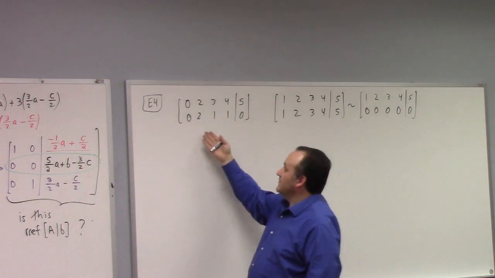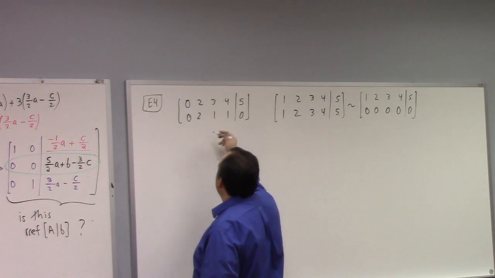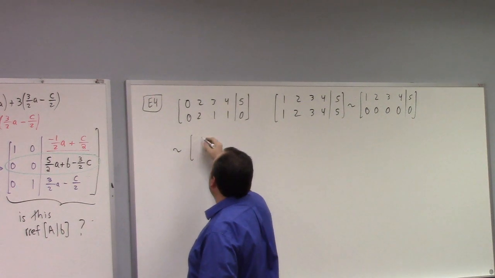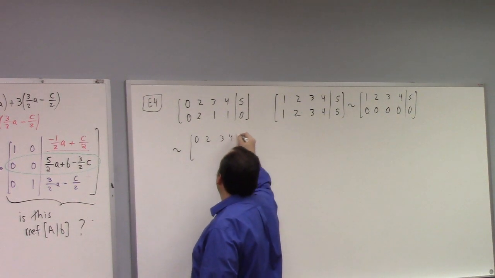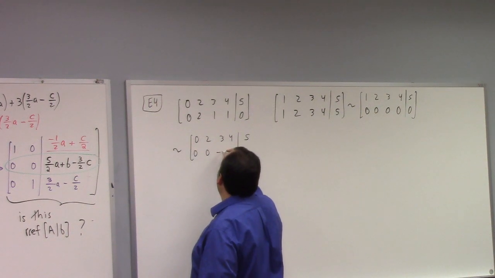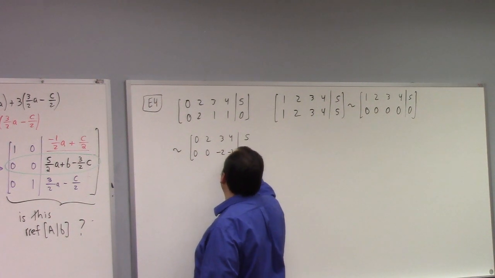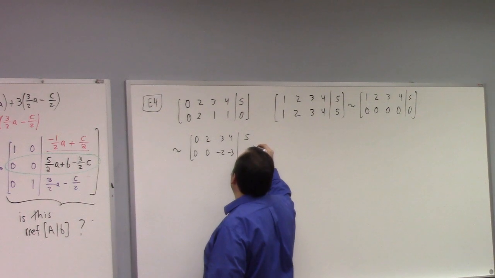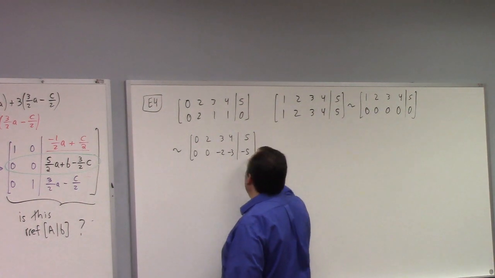This one, on the other hand, you know what happens? This is row equivalent to 0, 2, 3, 4, 5. Subtracting that one, 0, 0, minus 2, minus 3, minus 5.